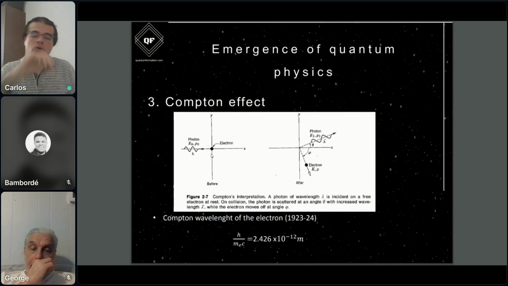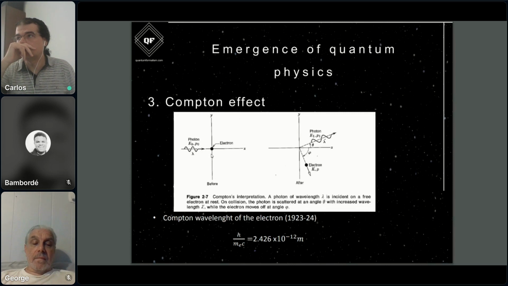Like in the classical examples when we study conservation of momentum and energy in classical mechanics classes, in this case a photon, or light, is coming and it hits an electron, and the photon will have energy and momentum, as well as the electron. I mean, this would work like a billiard ball, right?